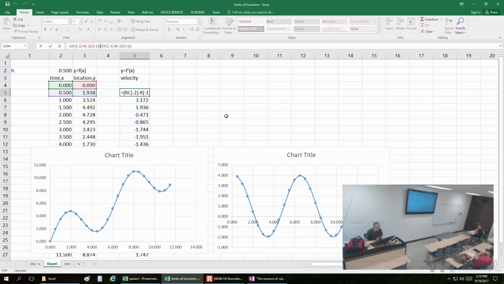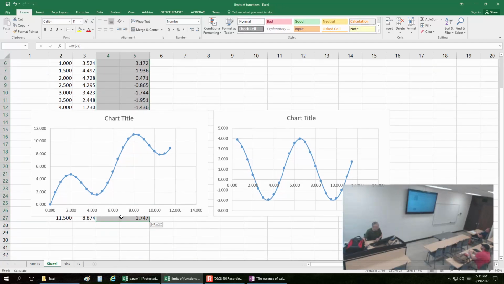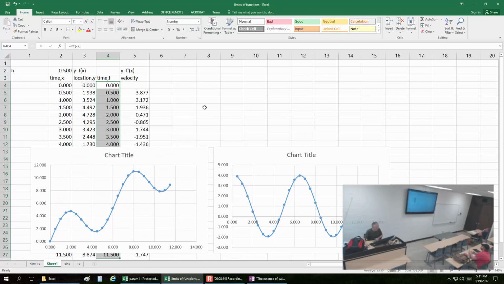So what I'm going to do is exactly the same thing. Well, let me first do something here just for convenience. I will copy time, in order to emphasize the point that ultimately velocity is also a function of the same variable. I'll just copy the time for our convenience.